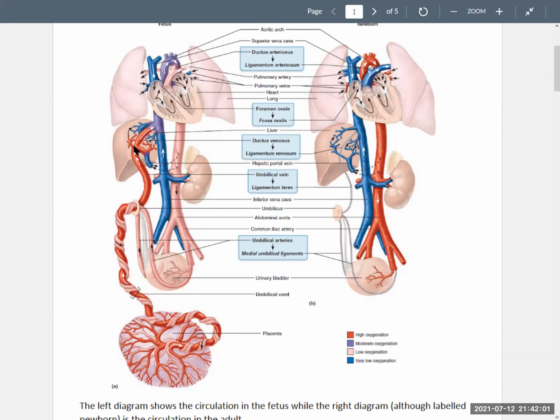But the majority of the blood passes right on through the liver and joins the inferior vena cava right here. Since it's joining the vena cava by bypassing the liver, we call this a shunt, a shortcut, a shunt.